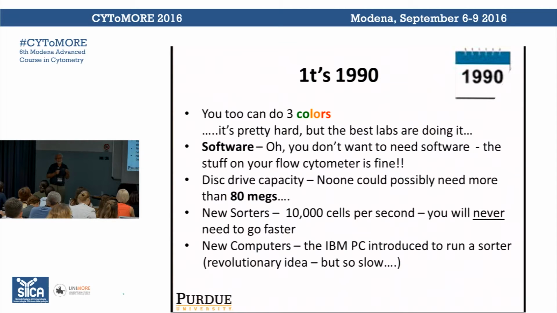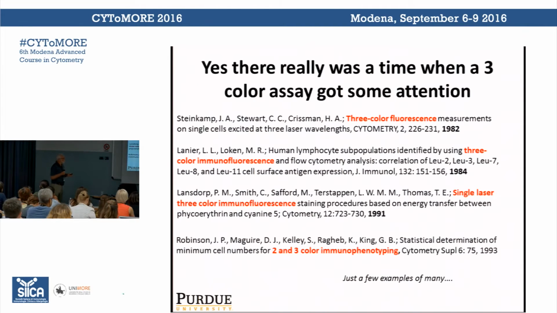So this sort of thinking couldn't possibly have occurred then. So, yeah, people published papers saying, I can do 3 colors, and there's many more examples of that.